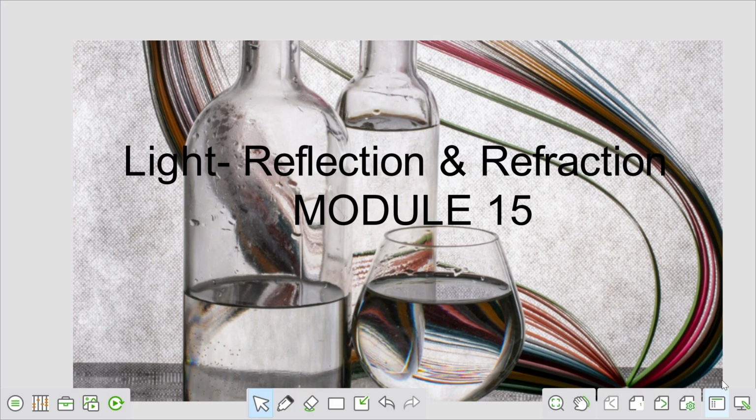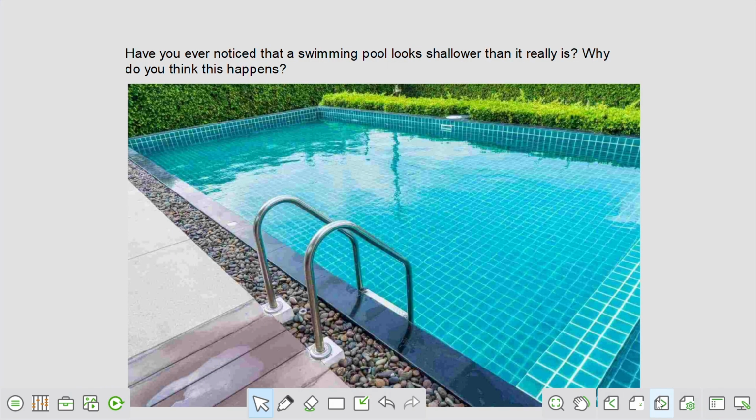Today I'm going to start with the 15th module of the light chapter. Before we move forward, let's see a beautiful picture of a swimming pool. Here you can see a swimming pool which looks shallower than it really is.